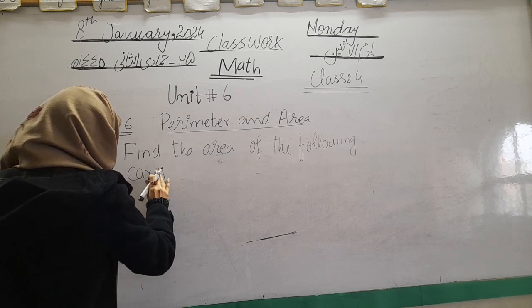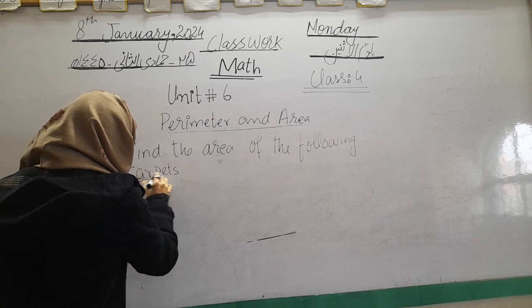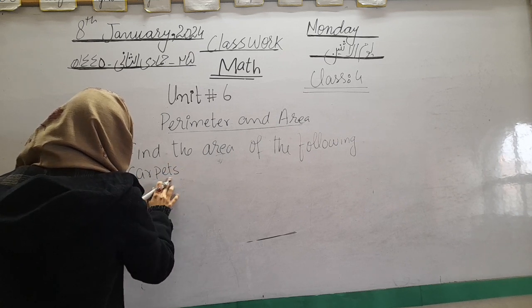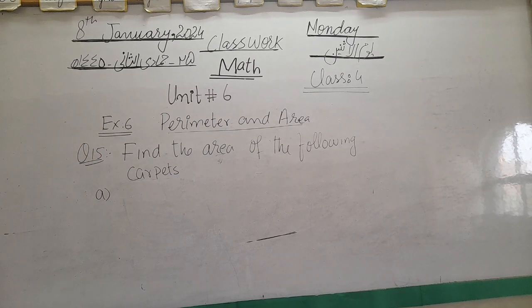You can say that. Look at your book as well everyone, page number 153. On page number 153 we have question number 15. Find the area of the following carpets.